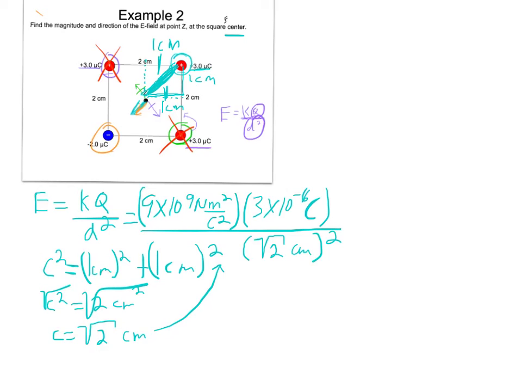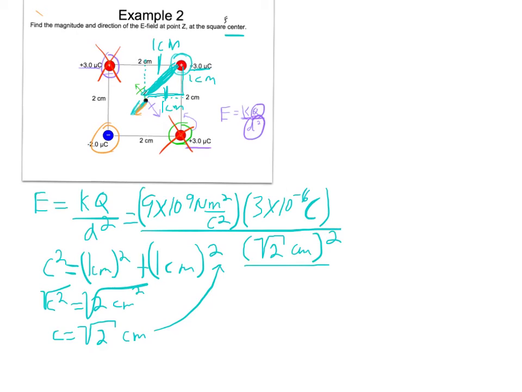And now I carry out that math. But notice something that I've got to do first. I've got to take the square root of 2 centimeters and turn it into meters. So right now that's in centimeters. The square root of 2 is in fact just a number.